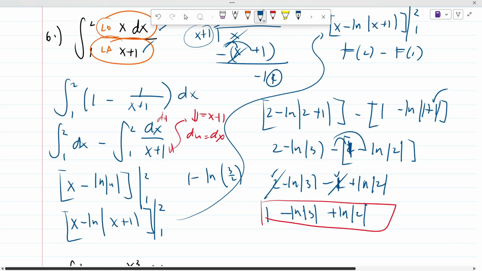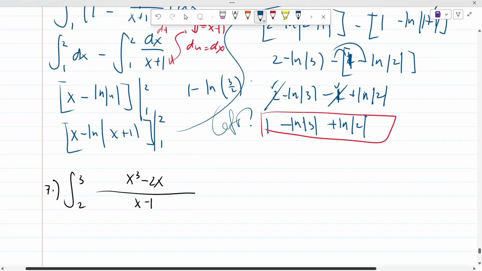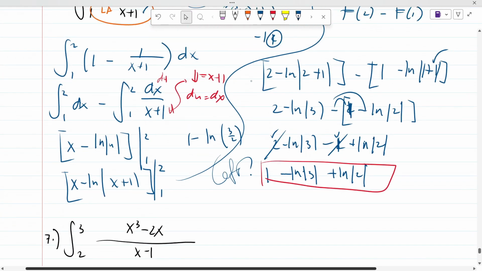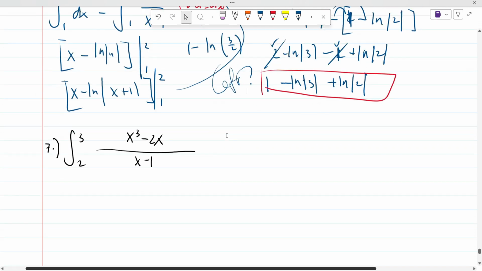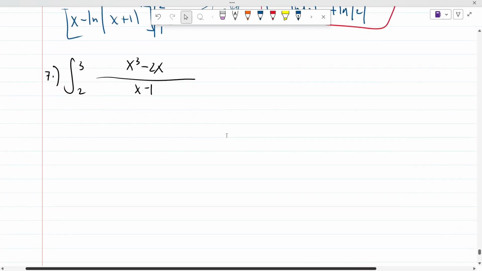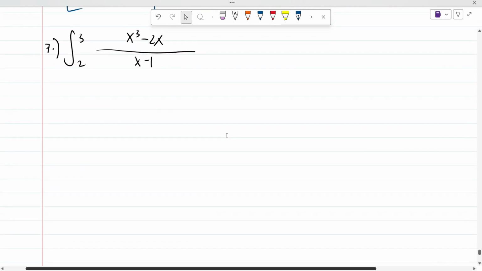Pero mas maganda tanong nyo sa teacher nyo kung goods na ba yung ganong final answer. Gets? O, next. Or, gusto niya decimal, depende sa teacher nyo, guys. Mas maganda, tanong pa rin, guys, para sure ball.